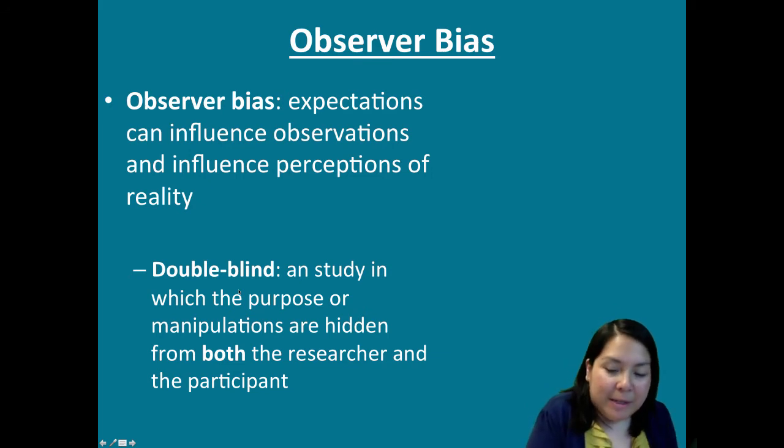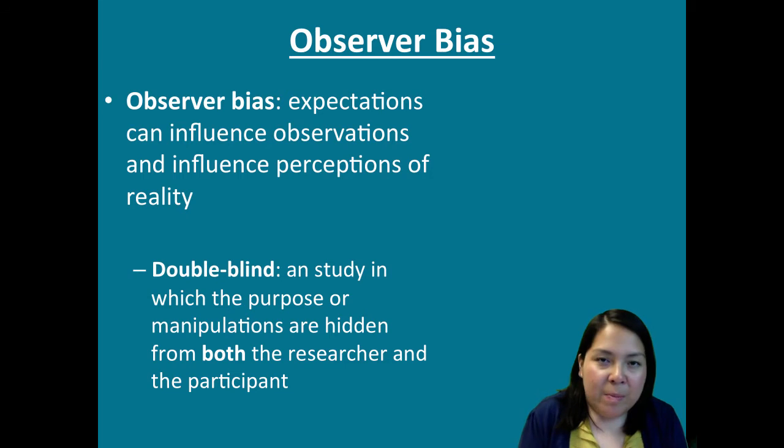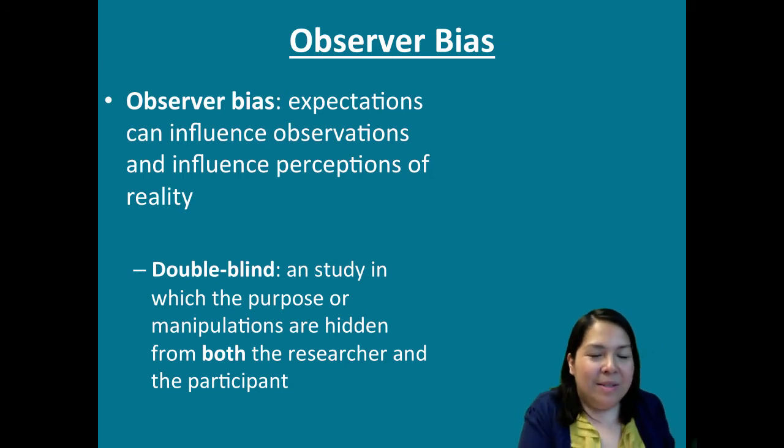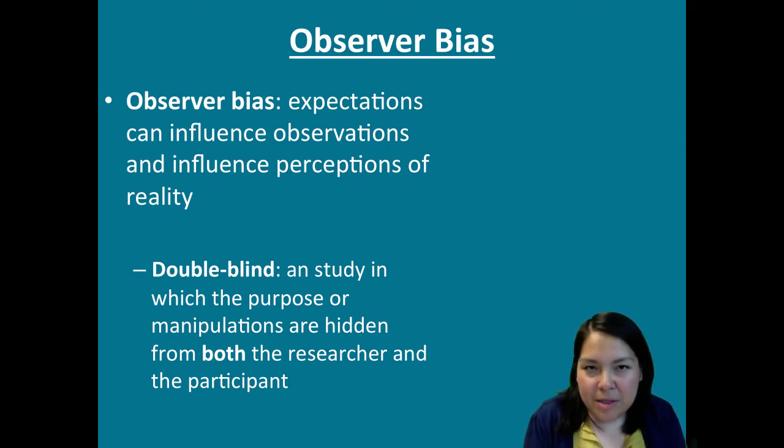In double-blind experiments, neither the participant nor the observer or experimenter knows which group the participant is in, or the purpose of the study. The observer may be a research assistant helping to conduct the study, and this is used especially in medical studies with drug therapies like the example I was using.